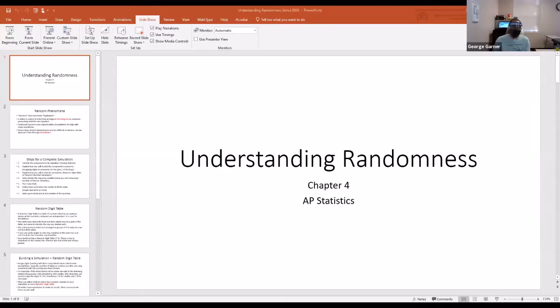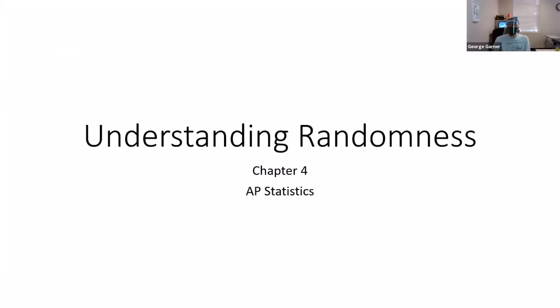Just some background for you. One of the big things that we have to deal with in statistics is dealing with randomness, because we're dealing a lot with sampling and with outcomes that we're trying to get some kind of handle on.